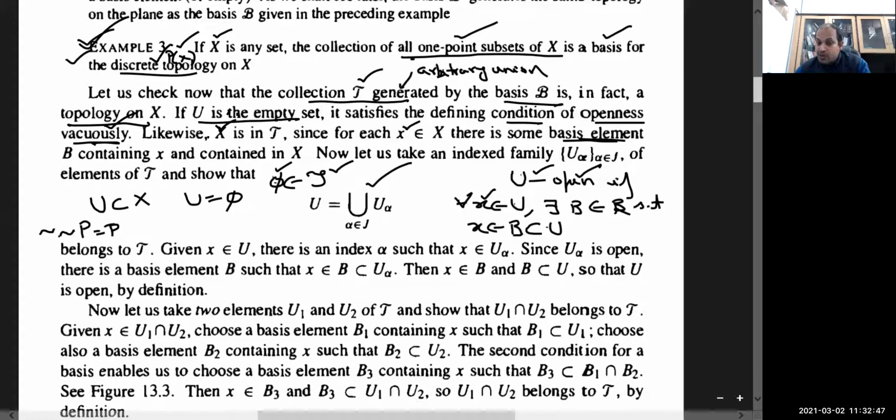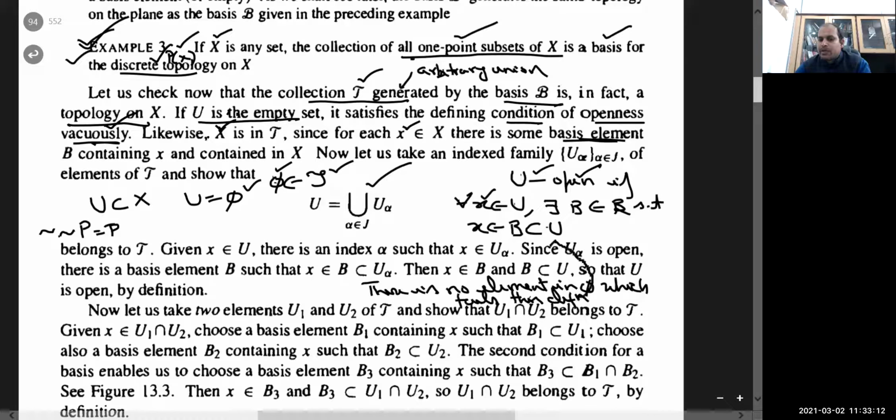There is no element, that is the first negation. Fails is again a negation. So let me write here: there is no element in phi which fails this definition of open set.